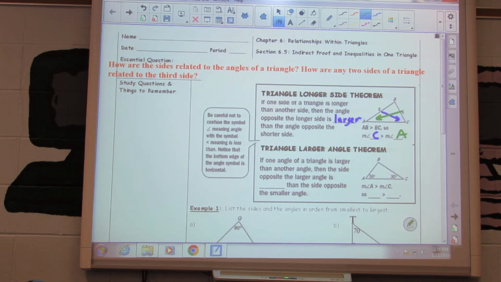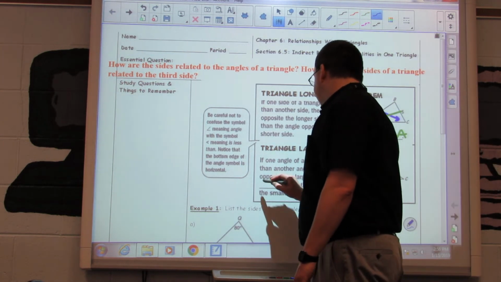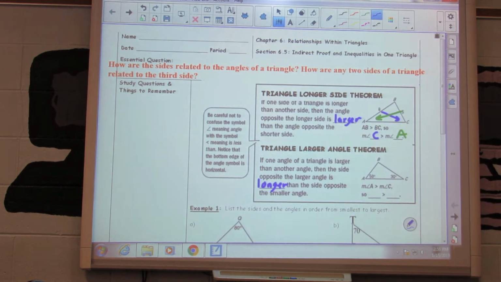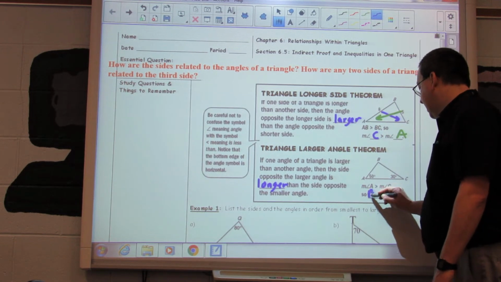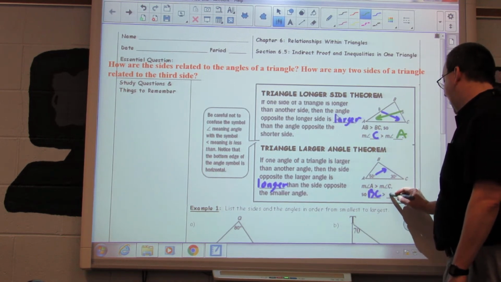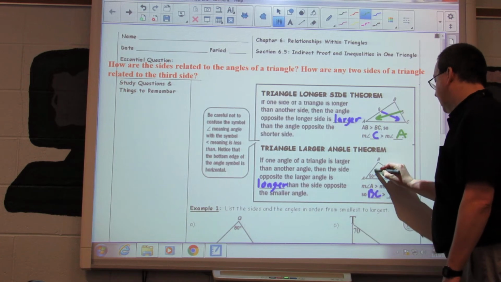Then we have the other theorem, the triangle larger angle theorem. This says if one angle of a triangle is larger than another angle, then the side opposite the larger angle is longer than the side opposite the smaller one. So we're looking at this picture, 50 degrees is bigger than 30 degrees, so angle A is greater than angle C. That means that BC, which is opposite the 50, is greater than AB, which is opposite the 30.